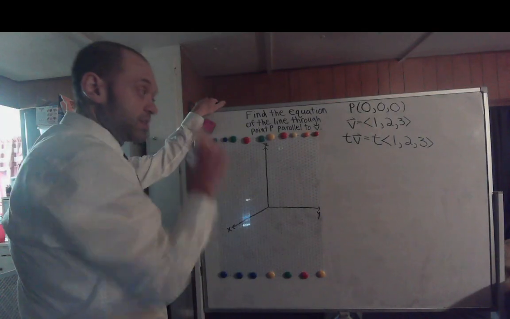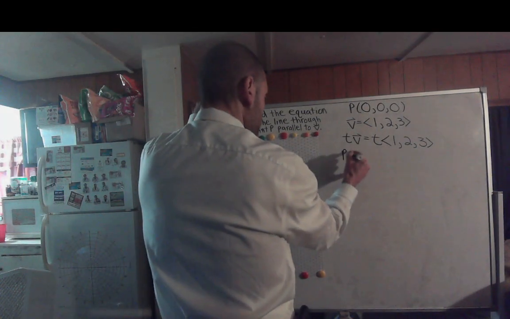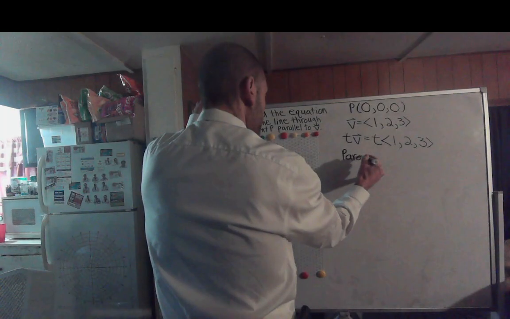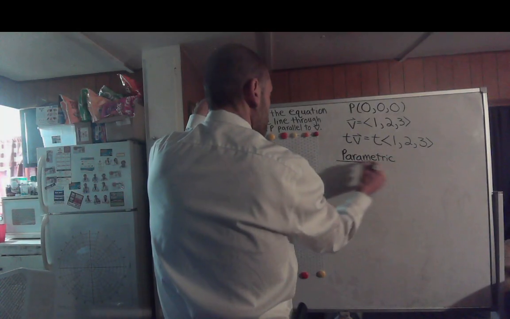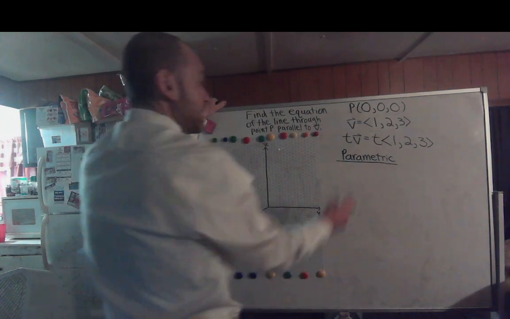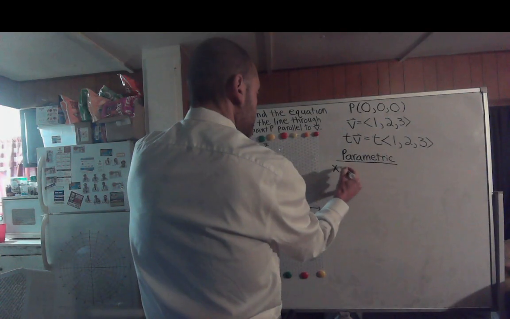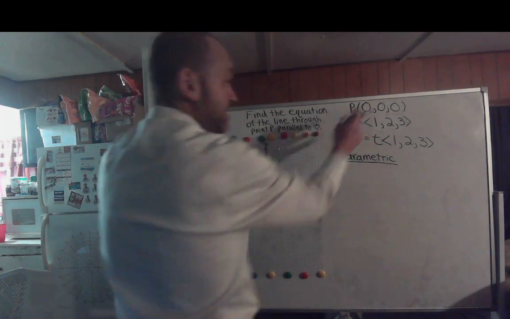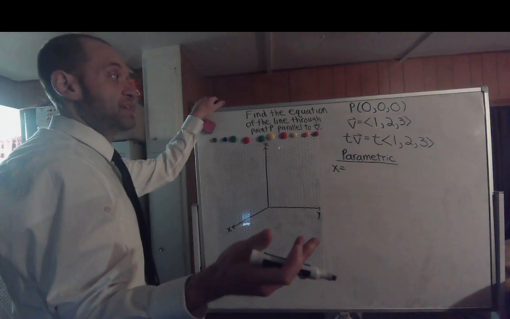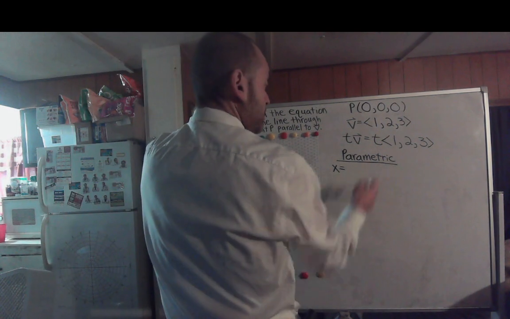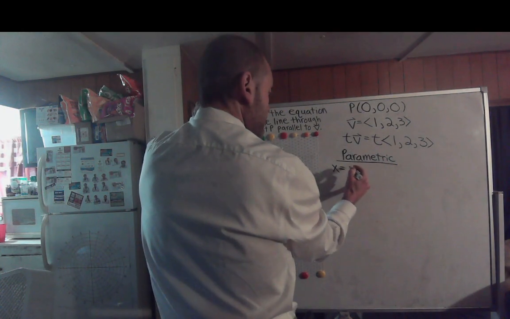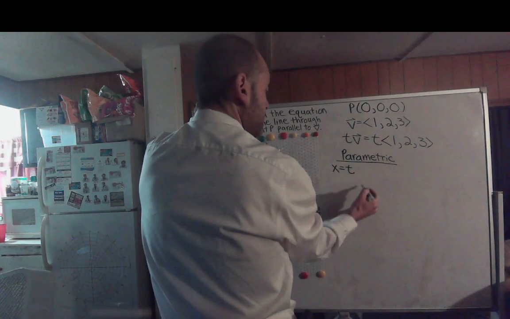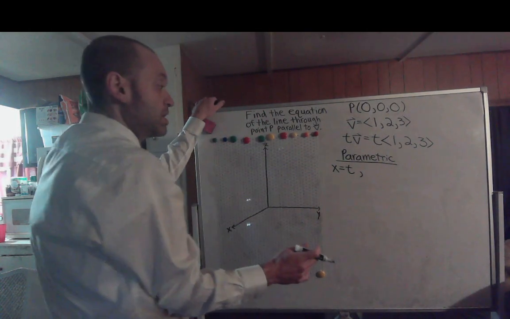Now we can easily start finding the parametric equations. If we want to look for the parametric equations, we're going to say x equals our x sub 1, which is 0. Well, 0 plus anything is that anything. So 0 plus that 1 times t, or simply t. So x equals t.